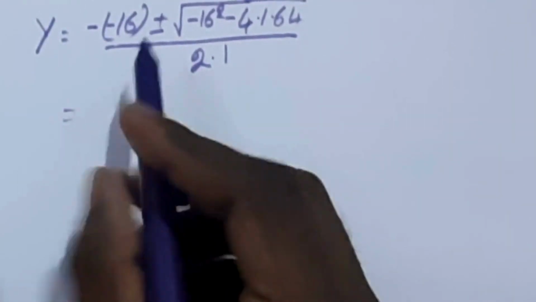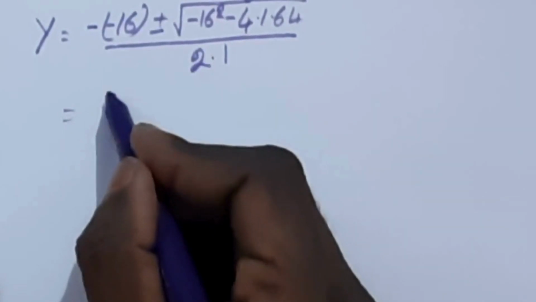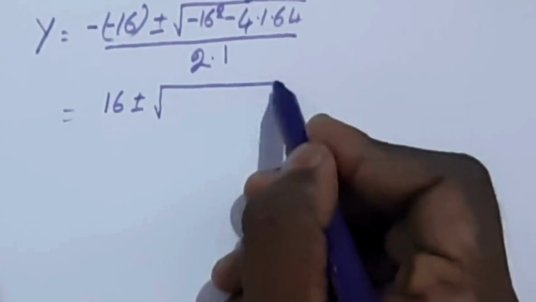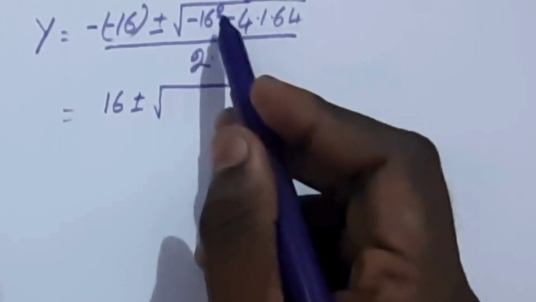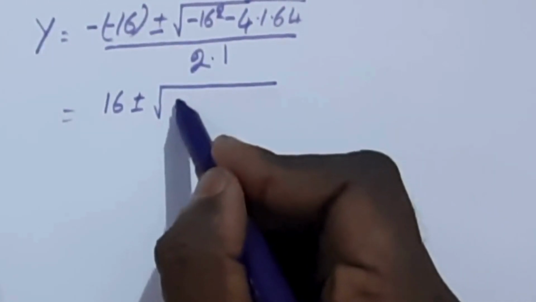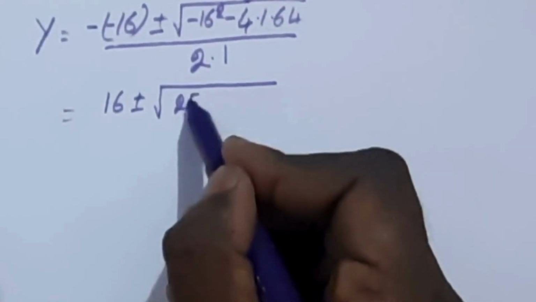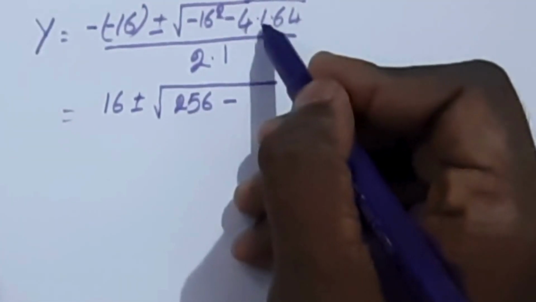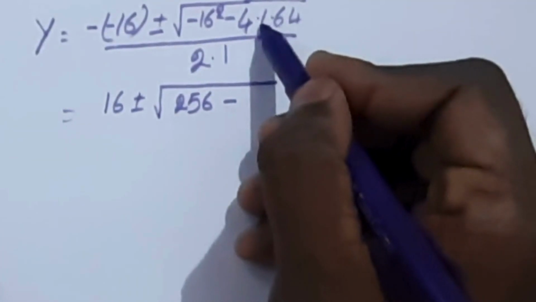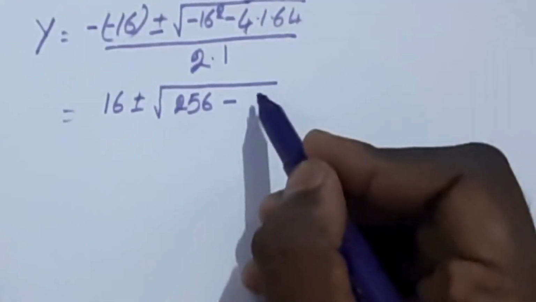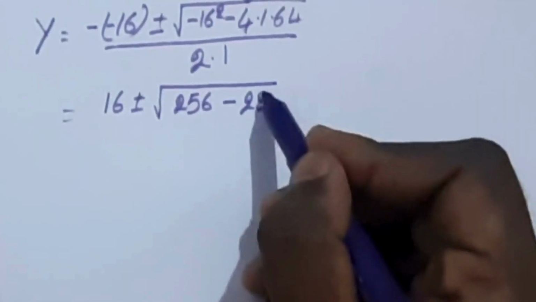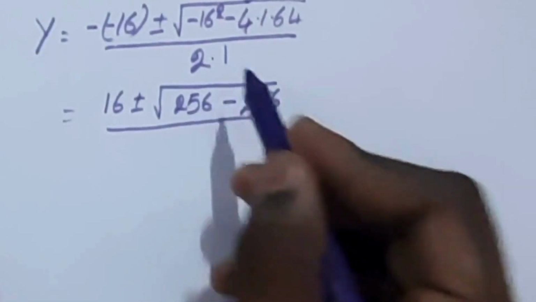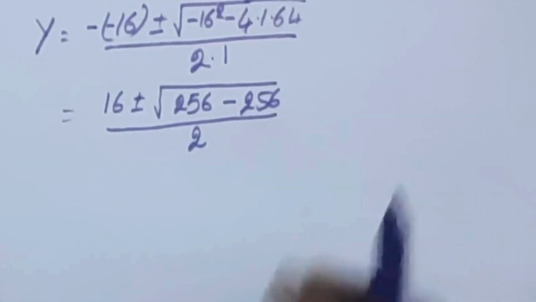Now y, this minus into minus is plus 16 plus or minus square root of 16 square is 256 minus 4 times 1 is 4, 4 times 64 is 256, by 2 times 1 is 2.